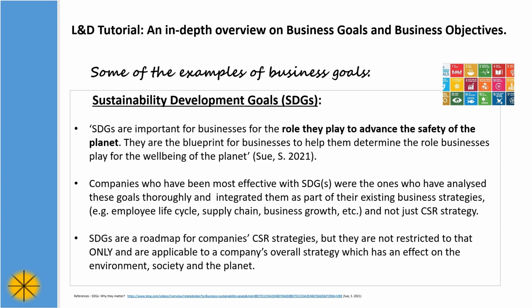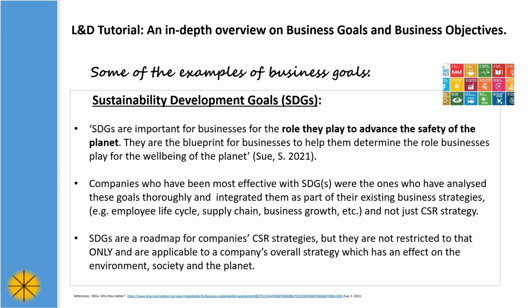So businesses can have a look at them and see which one of these goals are relevant to their existing business operations and how they can adopt them to ensure the safety and sustainability of the planet, or even if they are not related to their existing business strategies directly, can they still adopt them to make a bigger change?